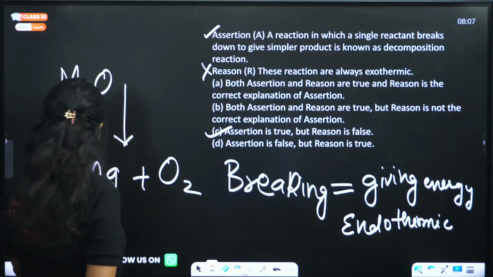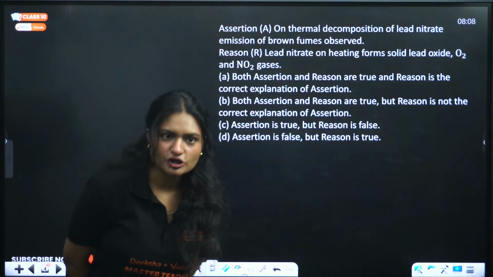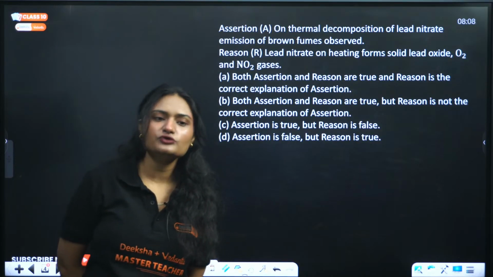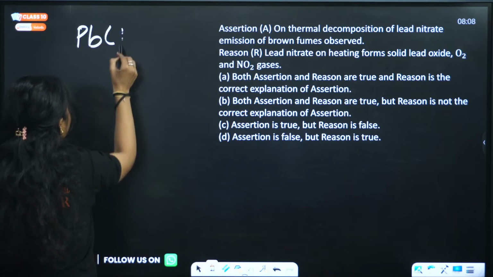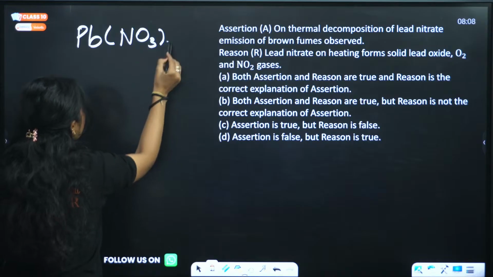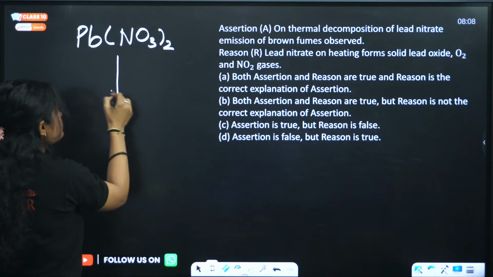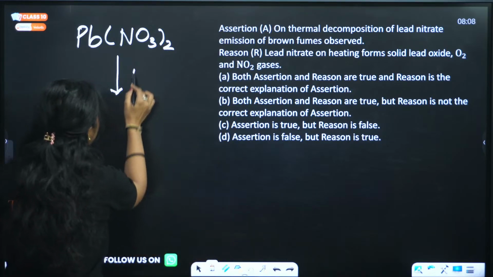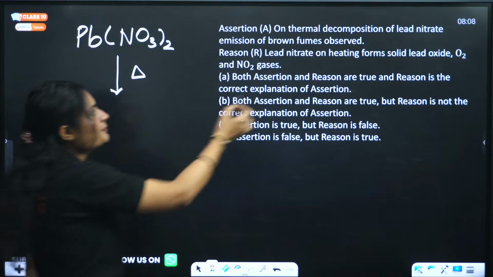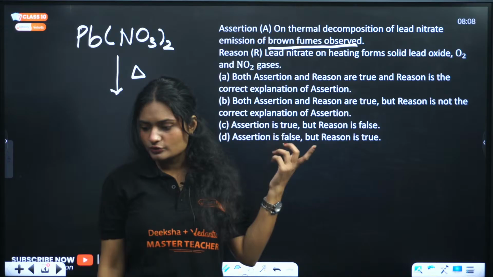Next question. Assertion says on thermal decomposition of lead nitrate, emission of brown fume is observed, right? This is lead nitrate. And when you do the thermal decomposition, that is, you decompose it by giving heat, brown fumes are observed.